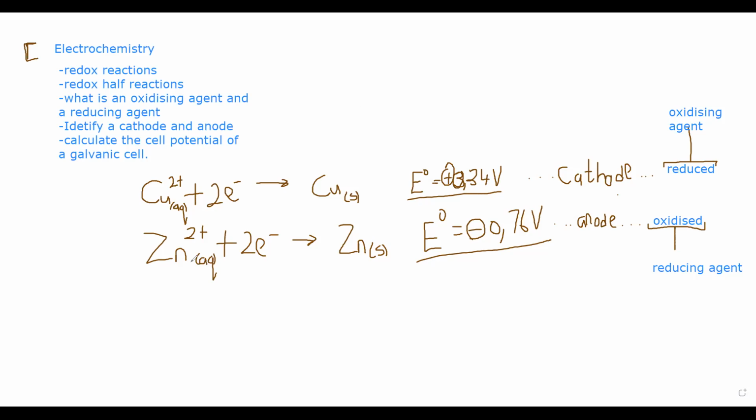So let's say now we're gonna have a cell, a galvanic cell. So in order to construct a galvanic cell, you're gonna need two beakers. So in this, let me just change the color.